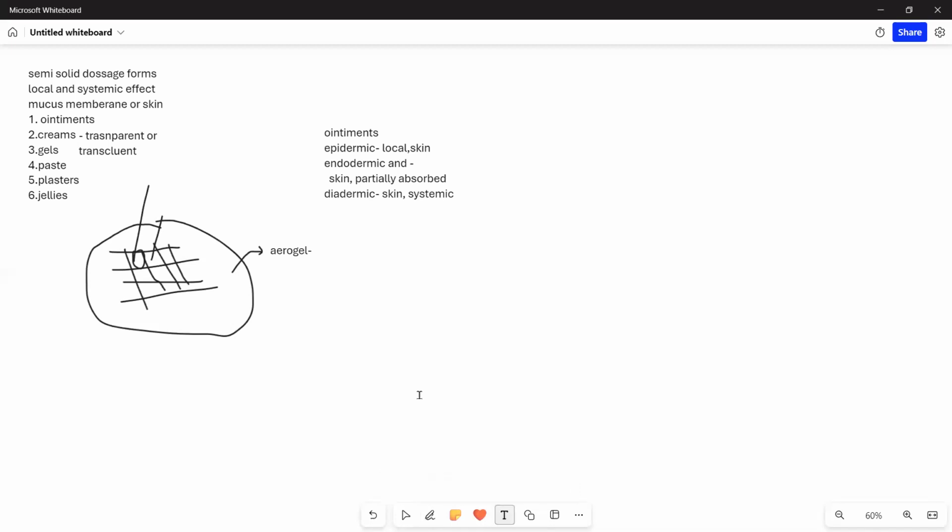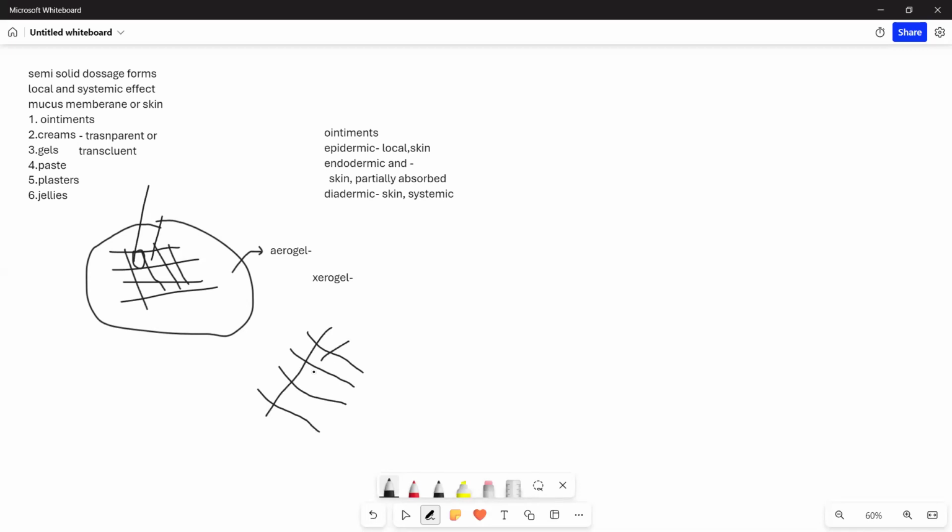Another terminology is xerogel. What is meant by xerogel? Okay, let me repeat. As we know, gels consist of a matrix, which is generally formed by polymers like sodium alginate.